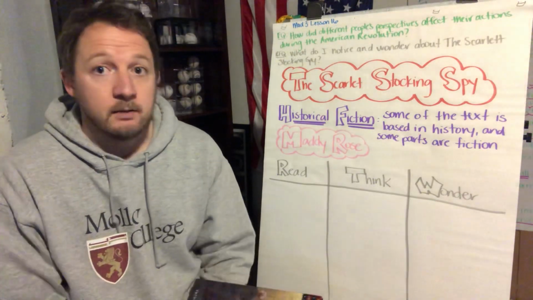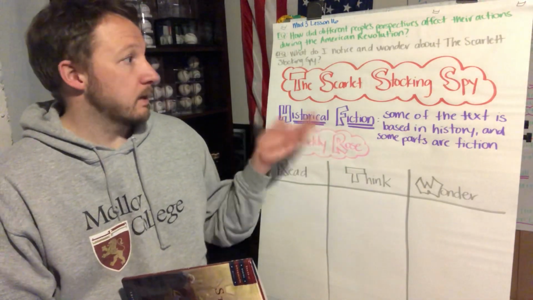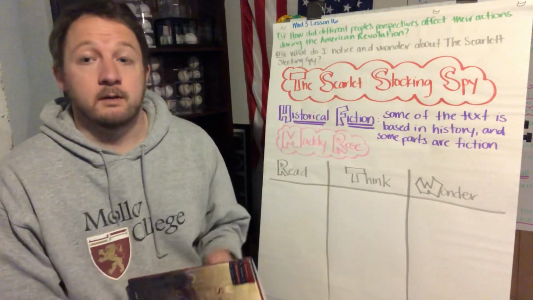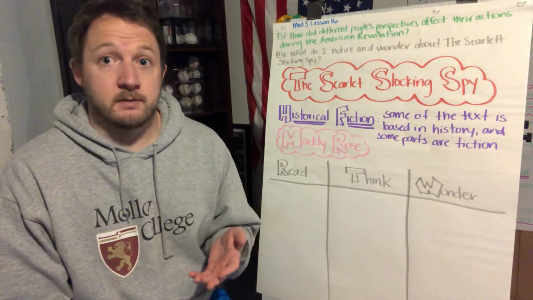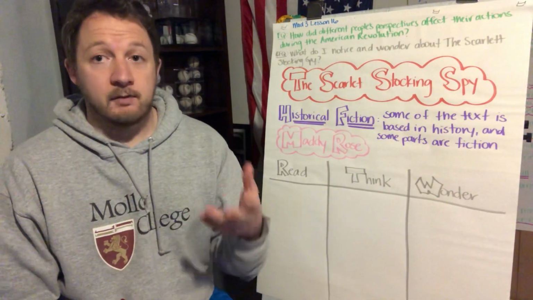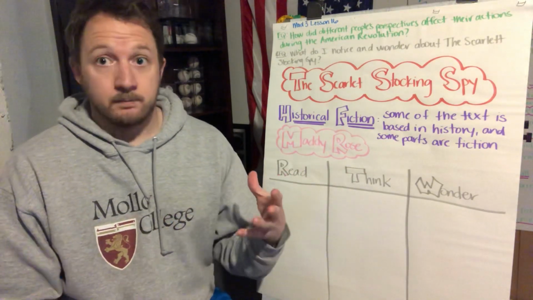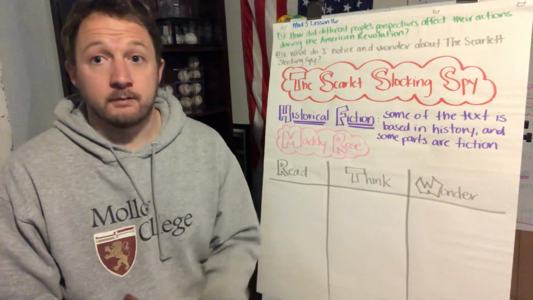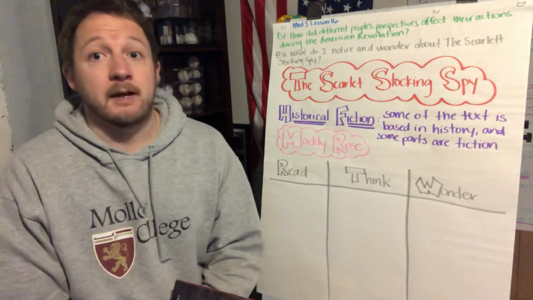Today we're going to start off again with the fact that the Scarlet Stocking Spy is historical fiction. In that way it's very similar to Colonial Voices, where even though Ethan is a made-up character, everything that was happening in that text had some bits of truth to it and is based on actual historical events, because as you should know by now, the Boston Tea Party did in fact happen.